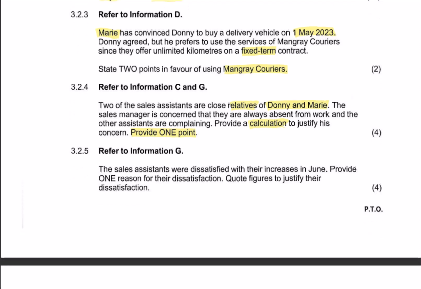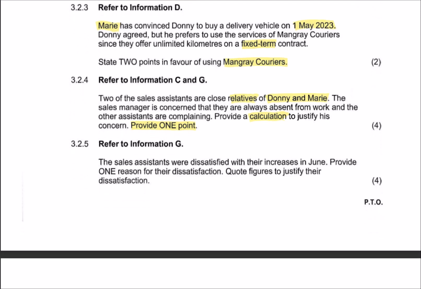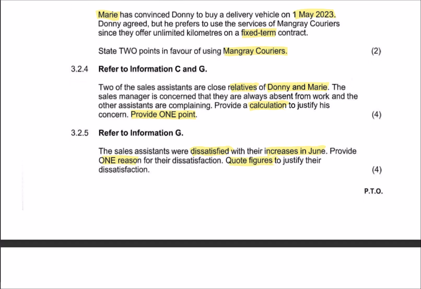Then refer to information G. The sales assistants were dissatisfied with their increase in June. Provide 1 reason for their dissatisfaction, and quote figures.